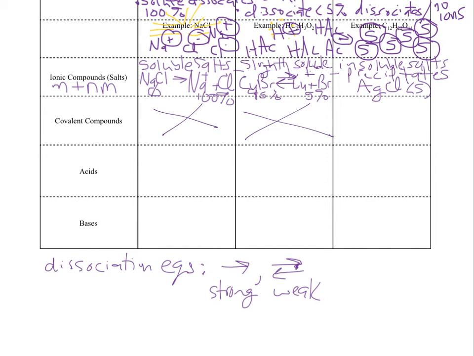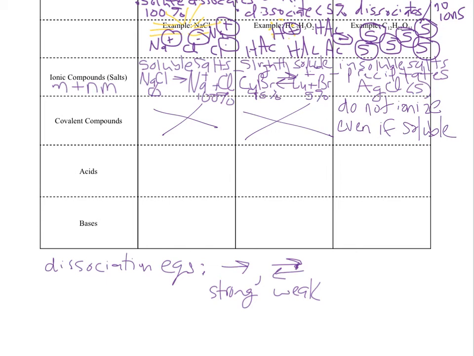And so in our box for covalent compounds, which are always non-electrolytes, over here in the third column, we can just say that covalent compounds do not ionize, even if they are soluble. Even if they're soluble, they're not going to conduct electricity.